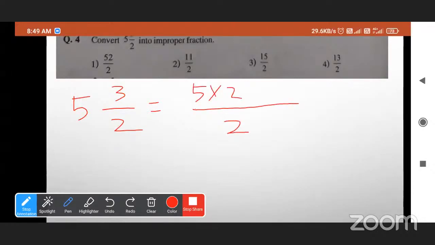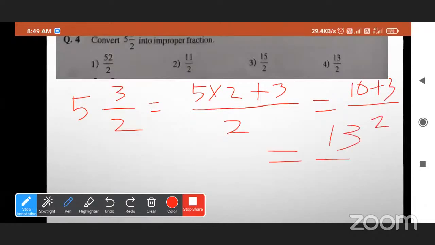Then add the numerator. So 5 into 2 is 10. 10 plus 3 is 13. So 13 upon 2 is the correct answer. Option 4. Very good.